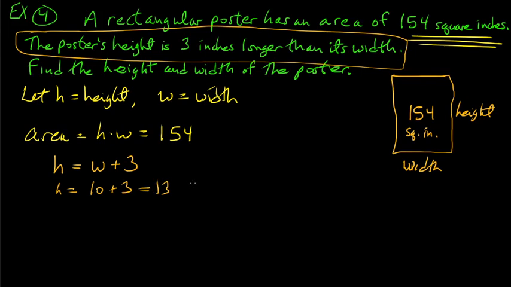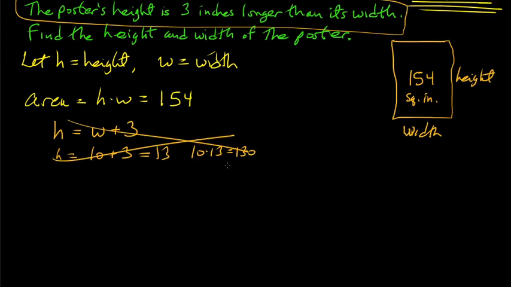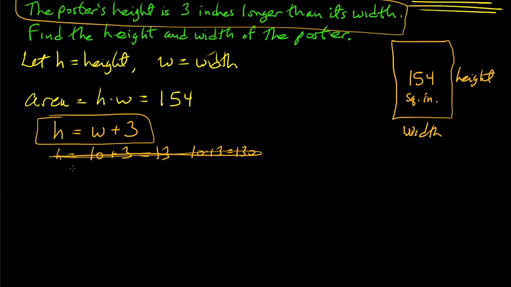Again, that's not the answer because 10 times 13 is not 154. A bad guess on my part, but I'm just illustrating. Oops, sorry, I didn't mean to cross out this equation, just this part here. So yeah, h is w plus 3, right? But if h is w plus 3, then this h is also w plus 3.